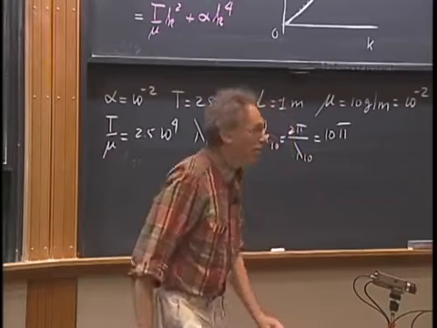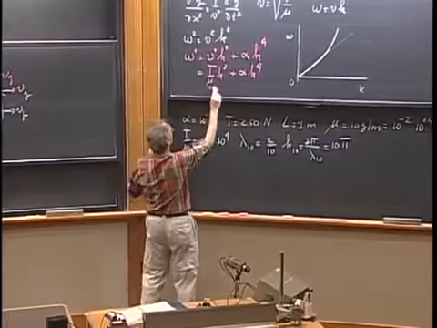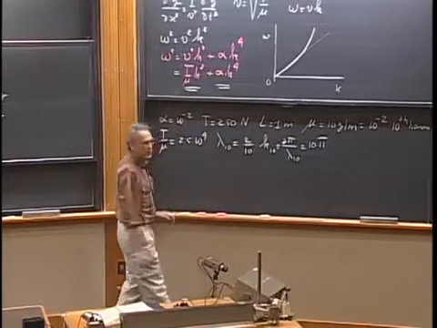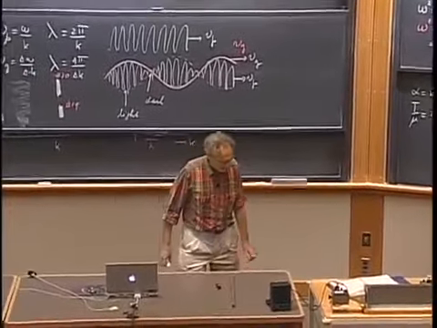And so now I have all the ingredients to compare this omega square, this term, with that term to see by how much the frequency changes over the case where we had no dispersion.